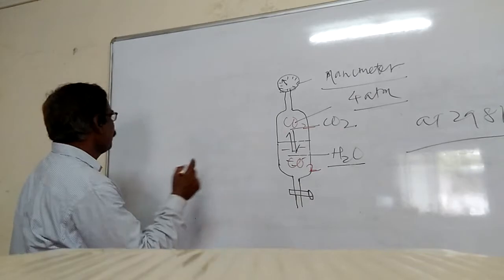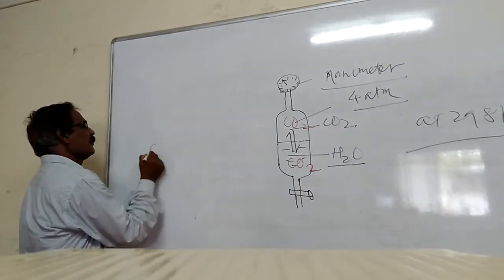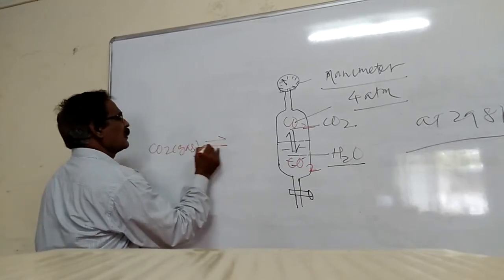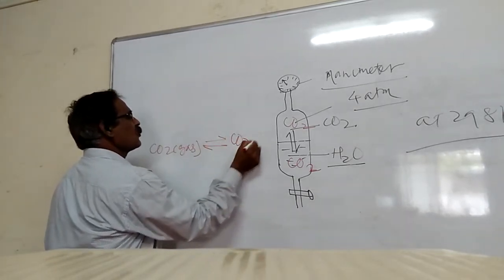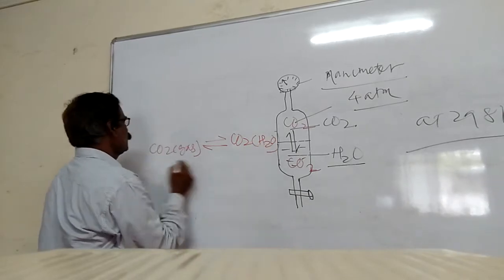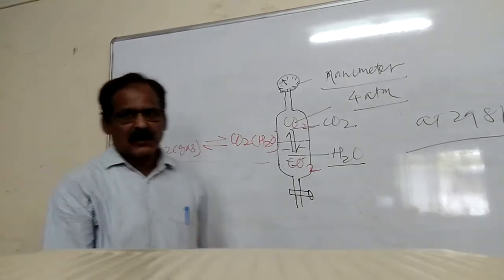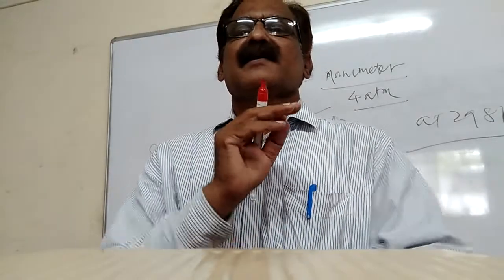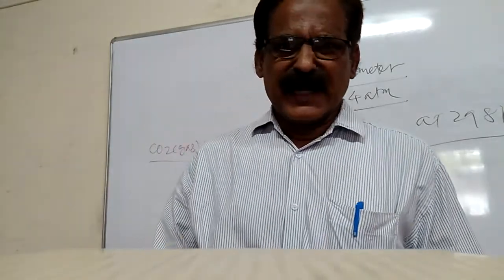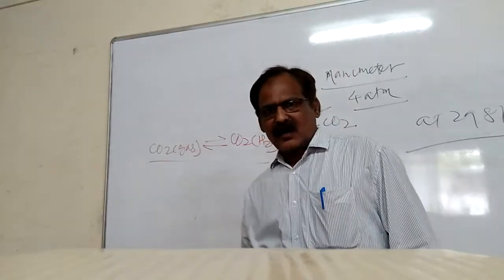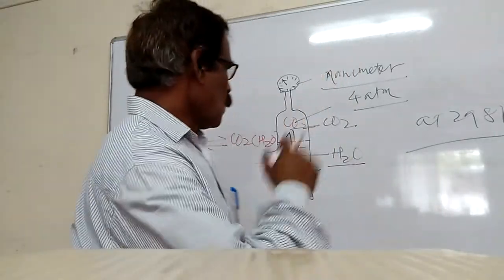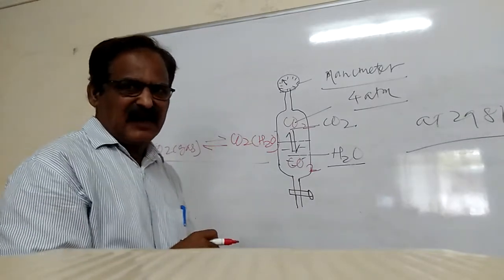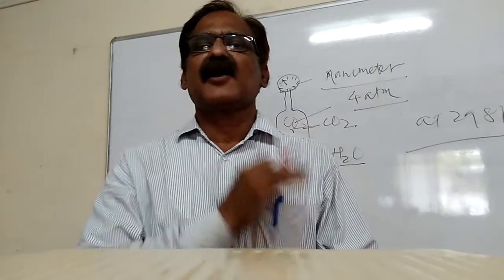Actually, we can write the chemical equilibrium which exists in this particular case by this expression: CO2 in H2O. So let us suppose equilibrium is established. There is no further distribution of CO2 between water and CO2 gas. A stable chemical equilibrium has been established.